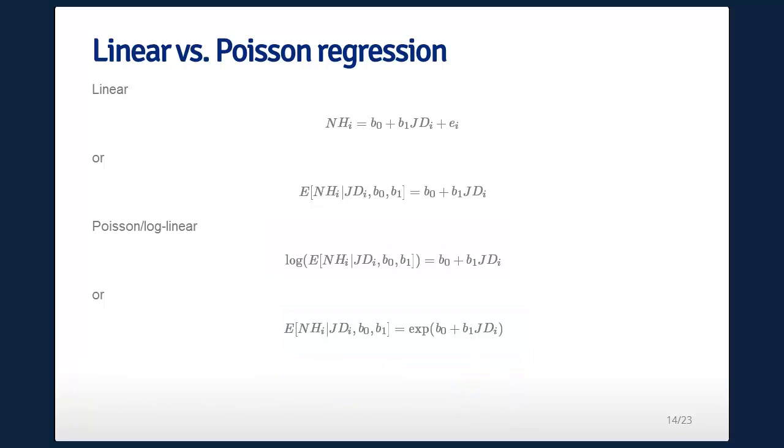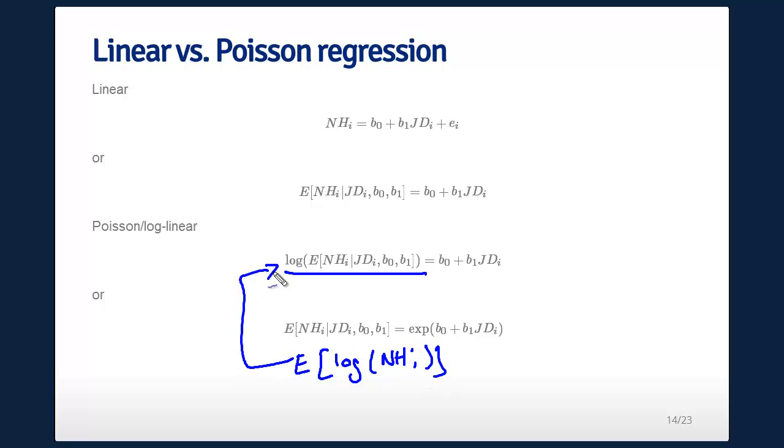I just want to add, it's not on the slide, but just because I added a little text on it earlier, there's the other option of modeling the log counts, right? And how is that different? That is a model on expected value of the log of the number of hits, right? Which differs from what the Poisson model is accounting for, right?